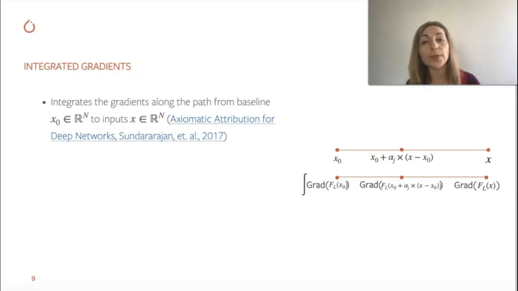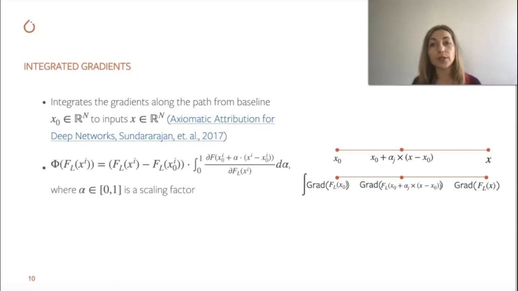In order to compute an integral along the straight line from baseline to inputs, we use an alpha scaling factor, which helps us to choose a point between the baseline and the input. In this case, since we want to understand the importance of neurons, we compute the gradients with respect to the output of the layer L. We then use Riemann sum or Gauss-Legendre to approximate the integral.